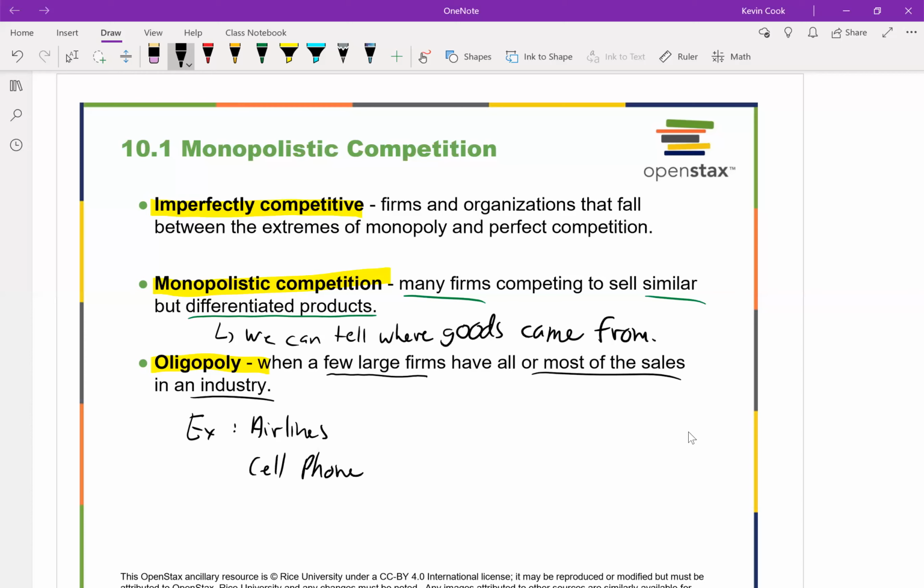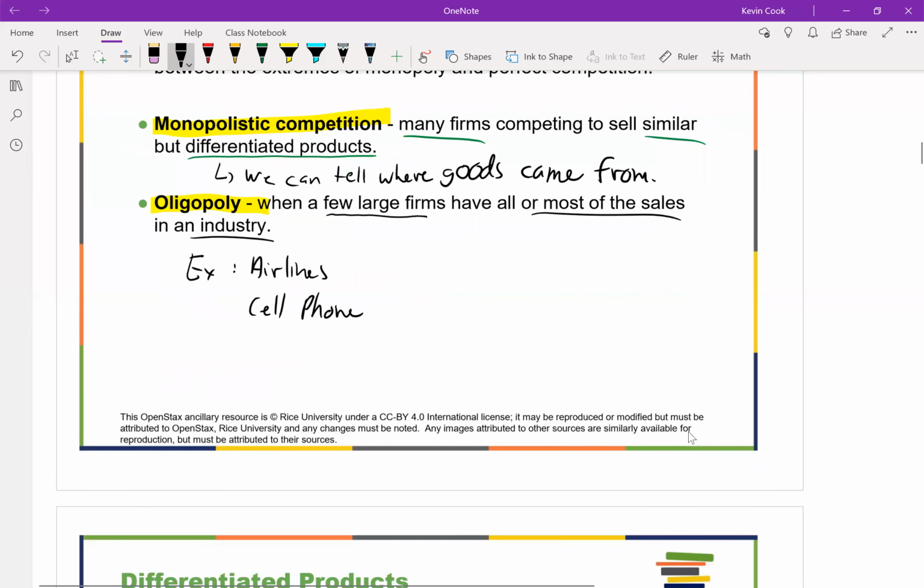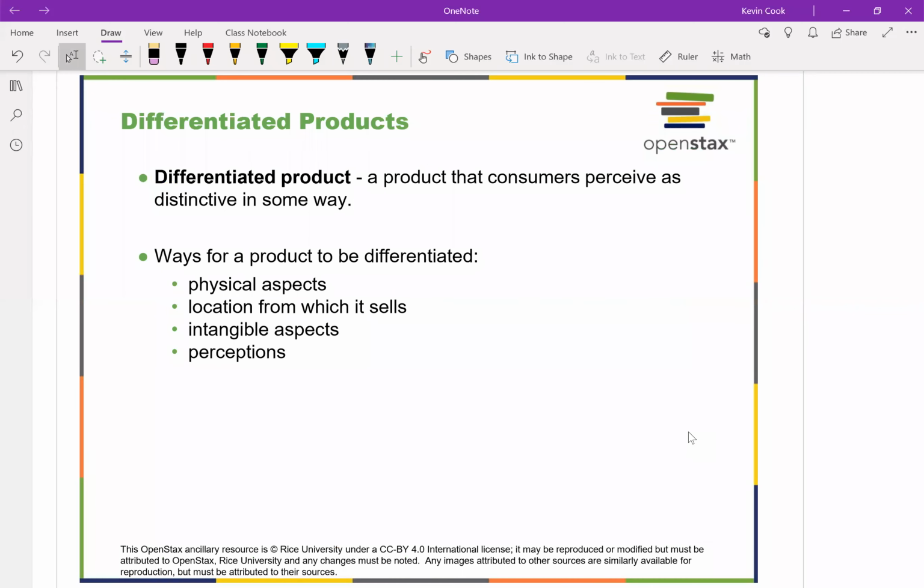So the big thing we're looking at with our monopolistic competition is this first thing, which is differentiated products. And again, when we mention a differentiated product, we're just saying that we as consumers see this as one of two things: either the product is different, or it's perceived to be different or distinct in some way to a consumer.